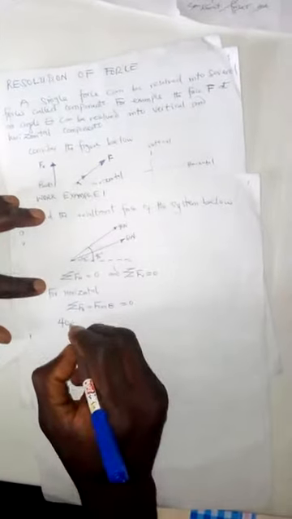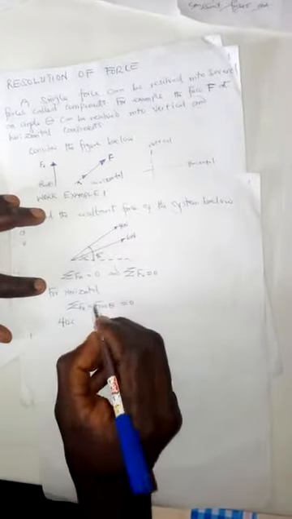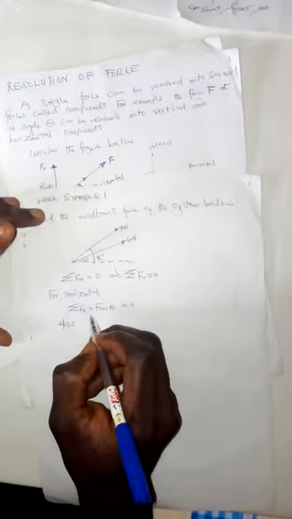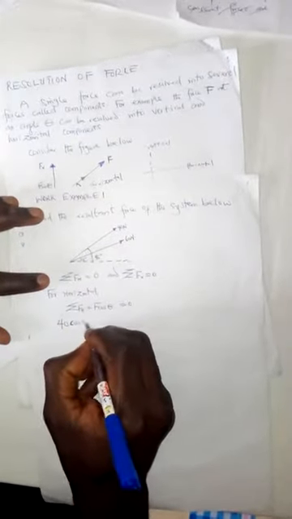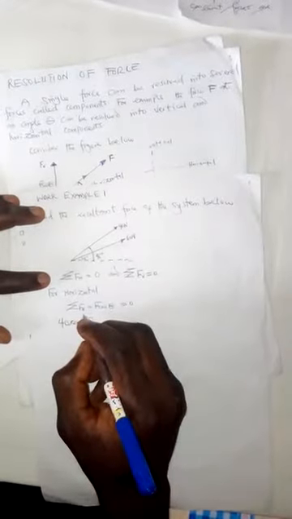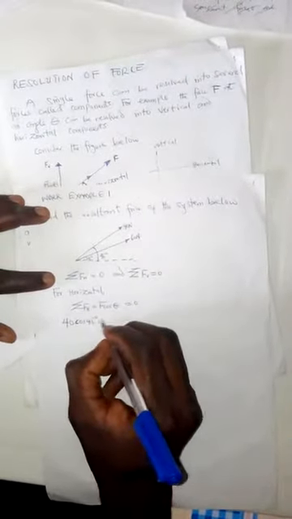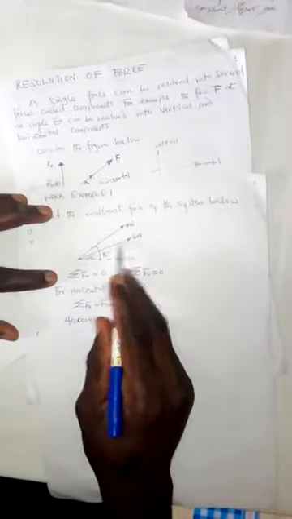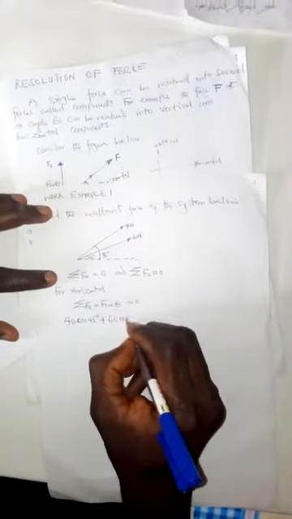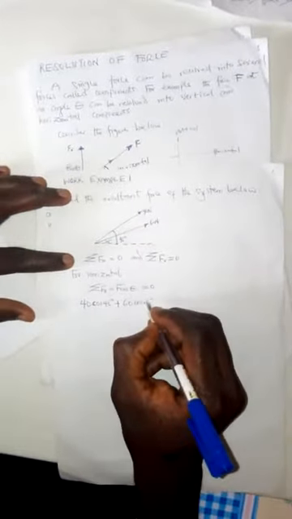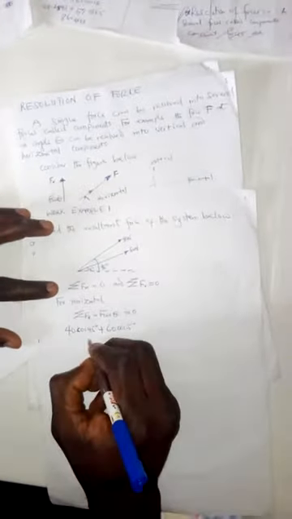We have 40 inclined at angle 45, so 40 cos 45 degrees, then you add 60 Newton cos 15 degrees. That will give you the horizontal component.